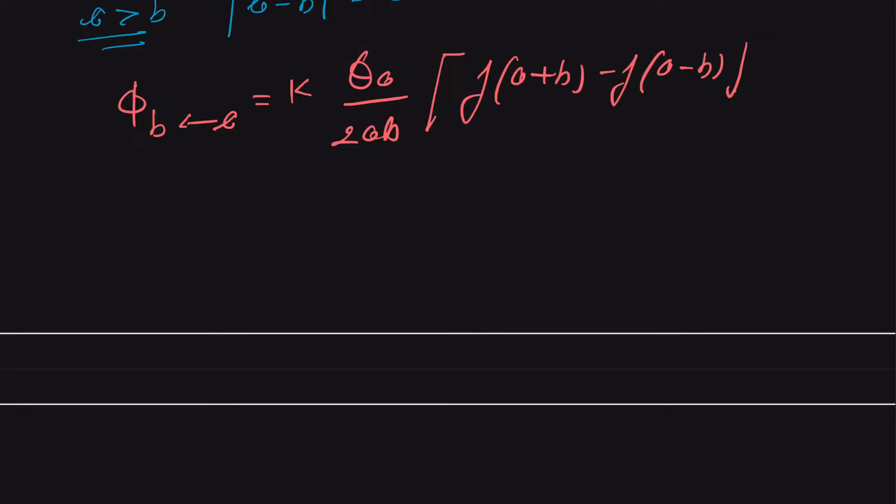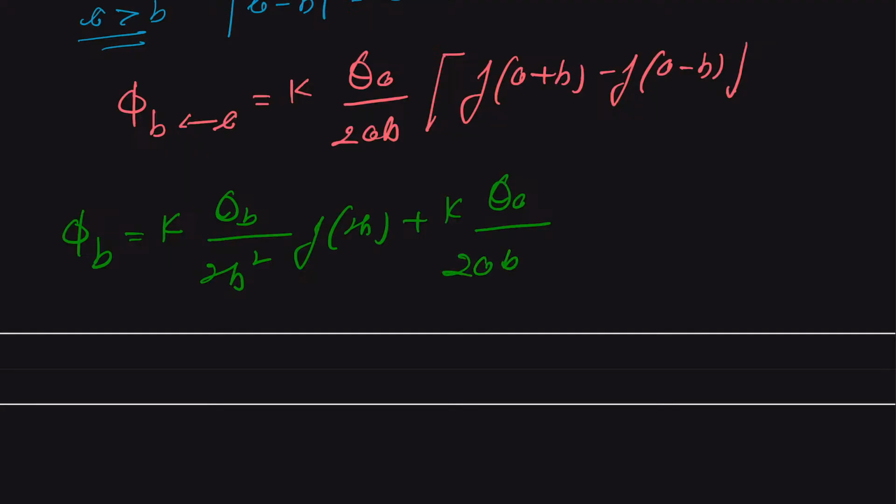Therefore the potential at B will be equal to K QB upon 2B square f of 2B plus K QA upon twice AB, and this becomes function of A plus B minus function of A minus B.